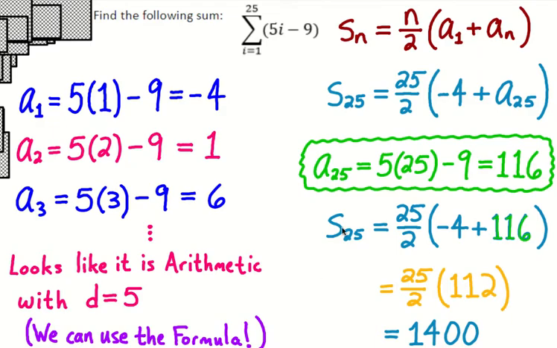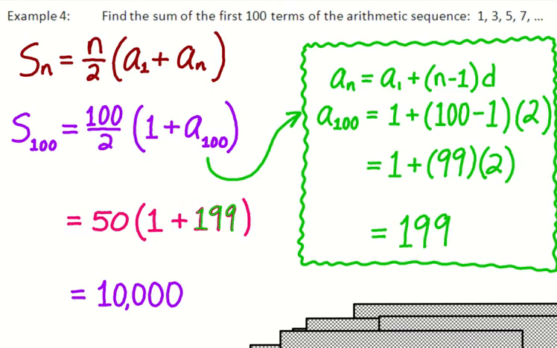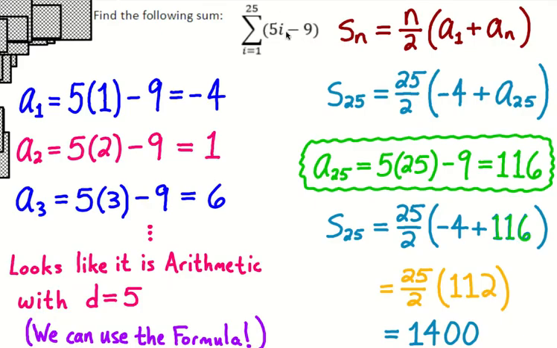And that's that. So once again, important to see the comparison in these two examples. Here, based on how they presented the information, where here they gave me 1, 3, 5, 7, yada, yada, yada, you pretty much had to do this thing to get the last term. But in this situation, all you really had to do was plug in 25.